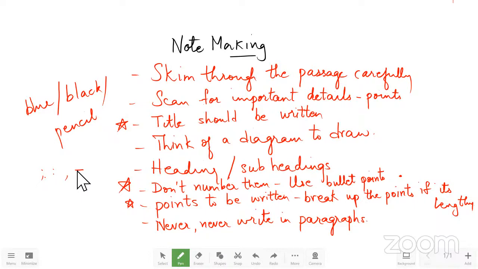I've already taken a class regarding note making initially, so it should be understood by you by now, if you have listened to my lecture. Now coming to the last, that is description. In description, there are 4 types of description.